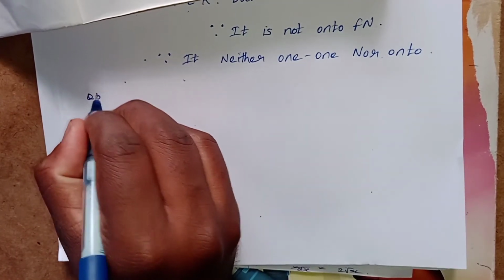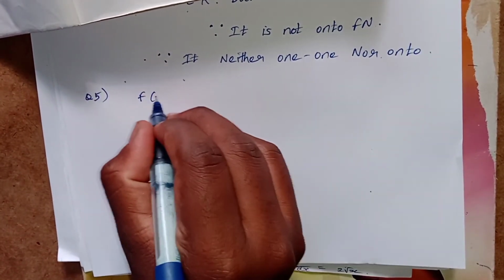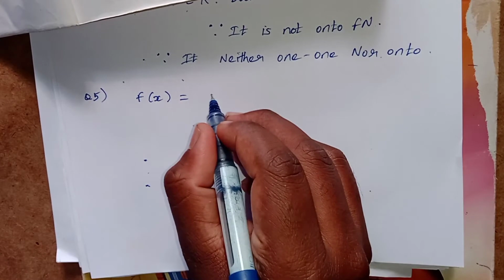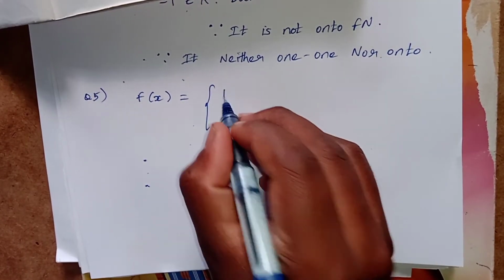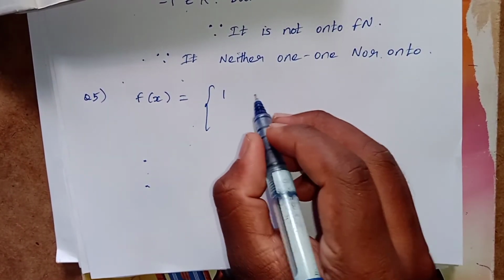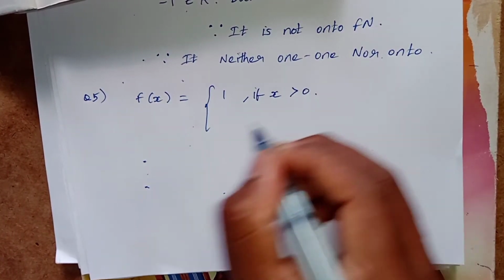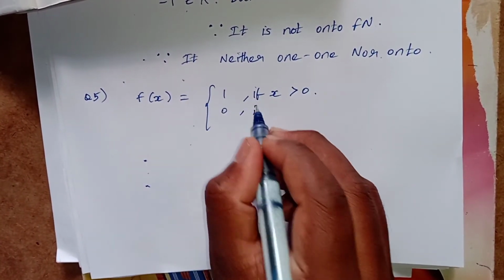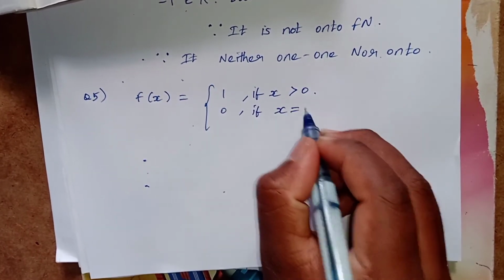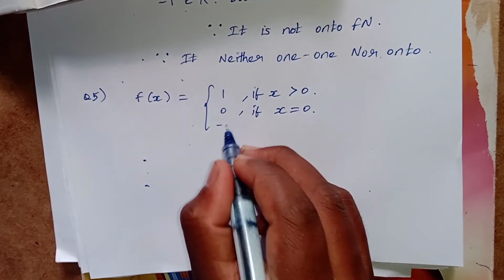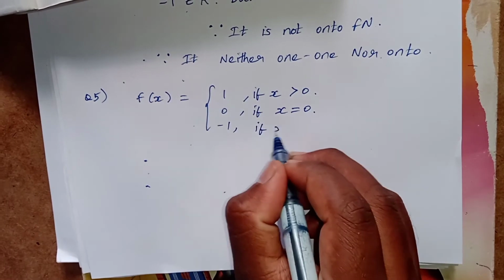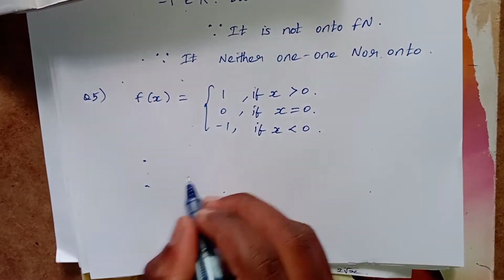Question number 5, f of x equal to 1 if x greater than 0, 0 if x equal to 0, minus 1 if x less than 0.